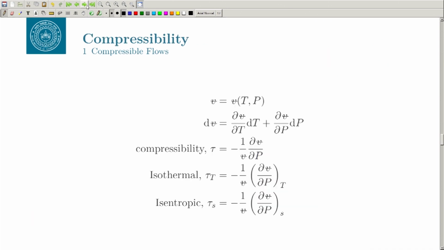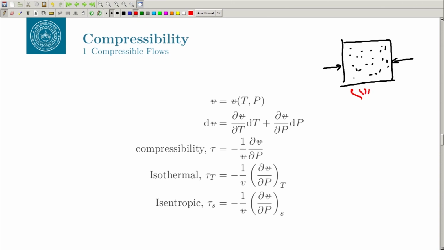Now, come to the property of compressibility. As we have been discussing, let us say you have a gas or liquid, any fluid in a container, and if you apply pressure, the volume will change. The volume may also change if you heat it up.